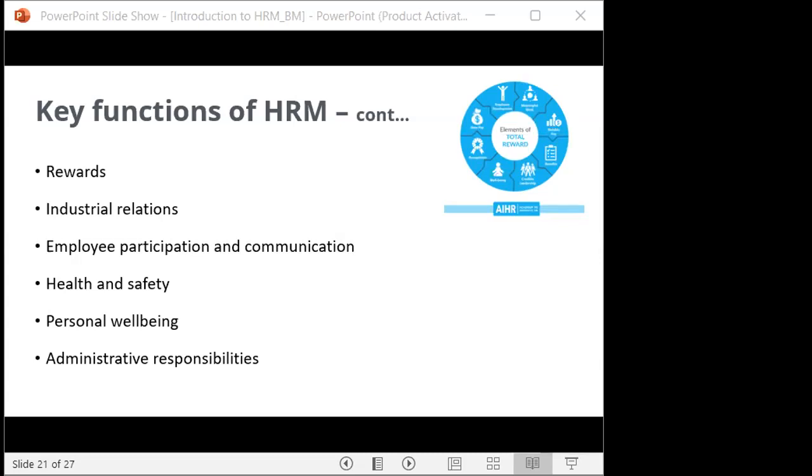Personal well-being is about supporting employees when things don't go as planned.